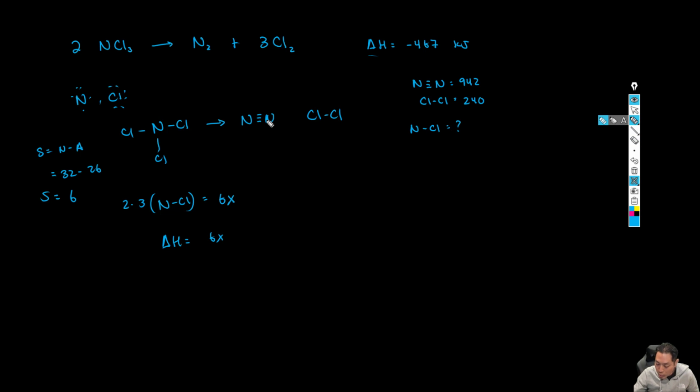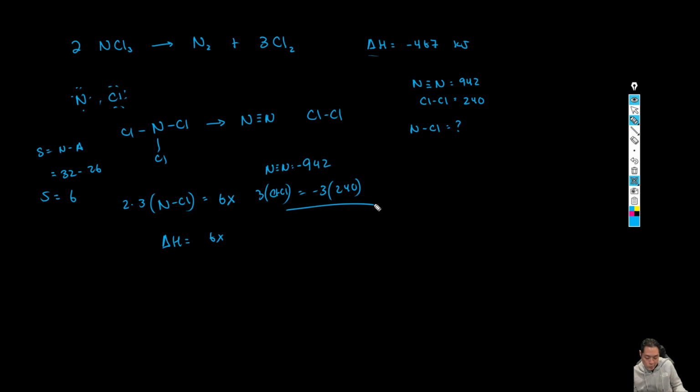On this one, I have N triple bond, so that is 942, and I have one of these. And remember, this is negative because we're forming a bond. We have Cl-Cl bonds. In this case, we have 3 of them. So negative 3 times 240.